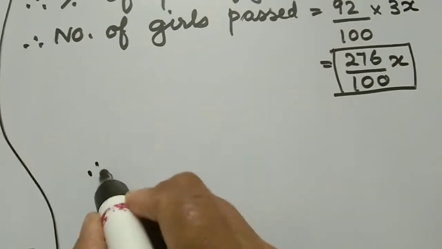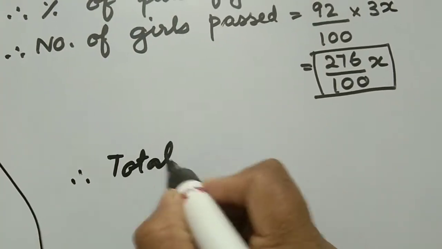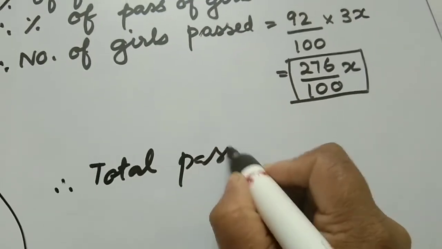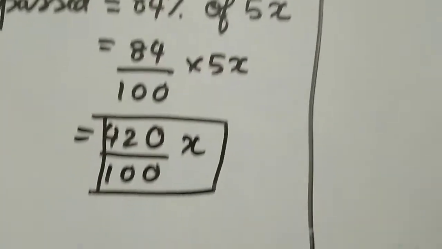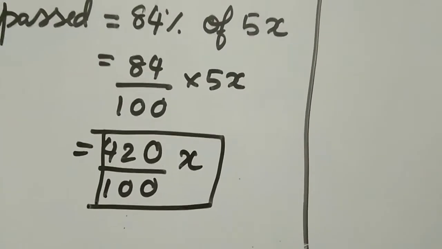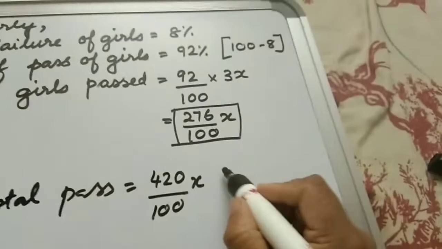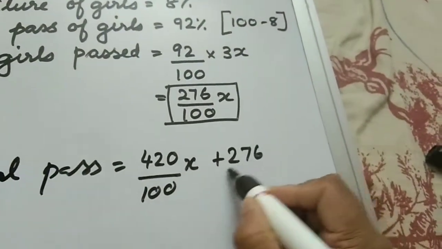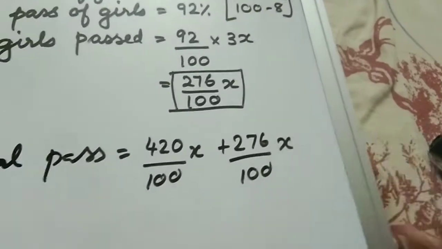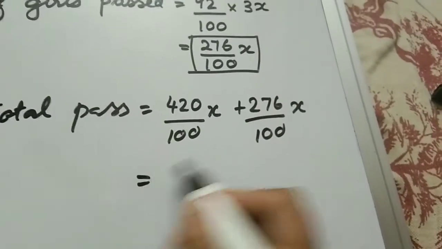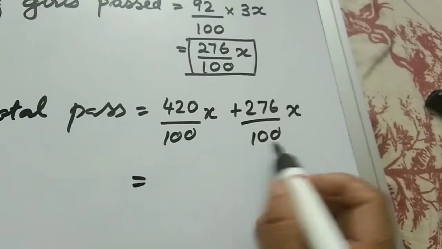So, therefore, total pass. So, how many have passed? The boys passed is 420 divided by 100x plus 276 by 100x. So, now both the denominators are same. They are like terms.